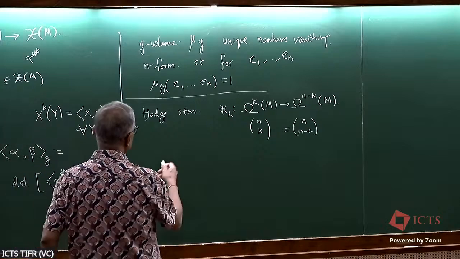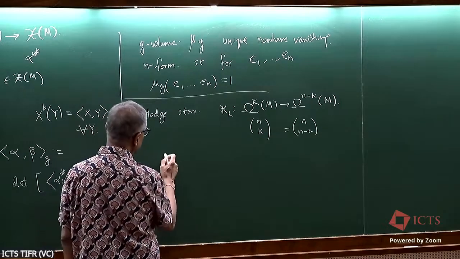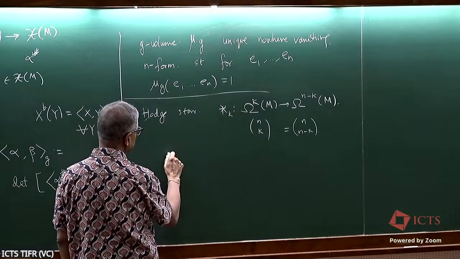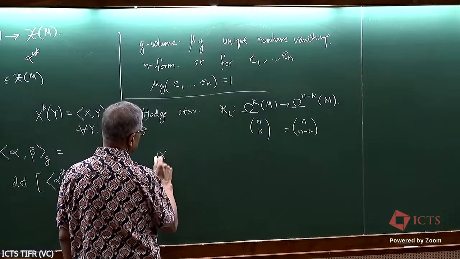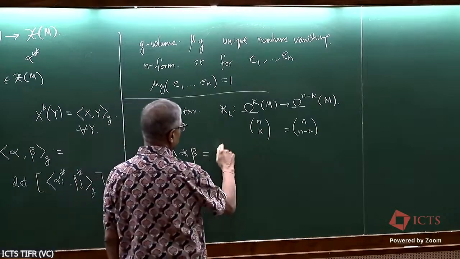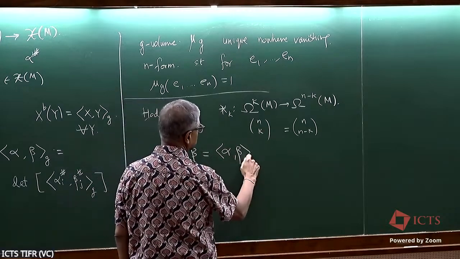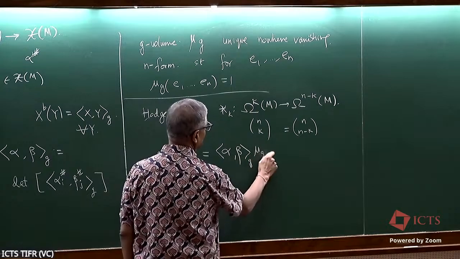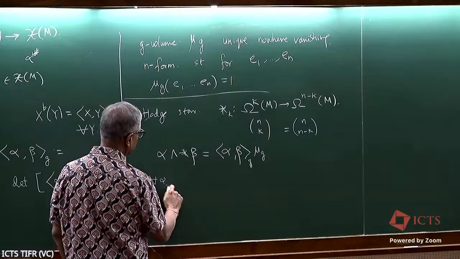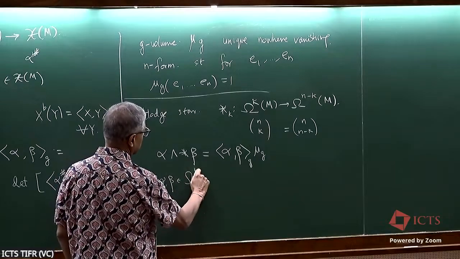So this Hodge star isomorphism is defined as the unique map between these two, which satisfies this: alpha wedge star beta is equal to the alpha dot beta that we just defined times the G volume that we just defined, for all alpha, beta which are K forms.